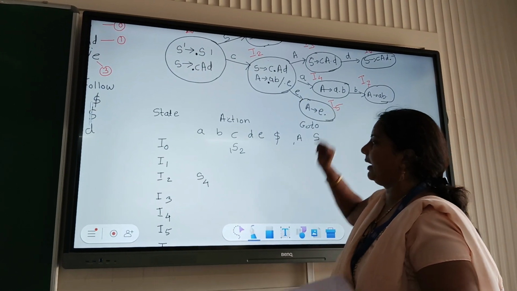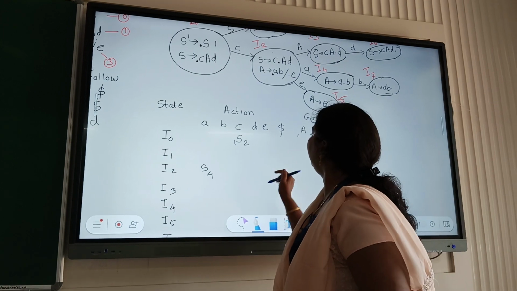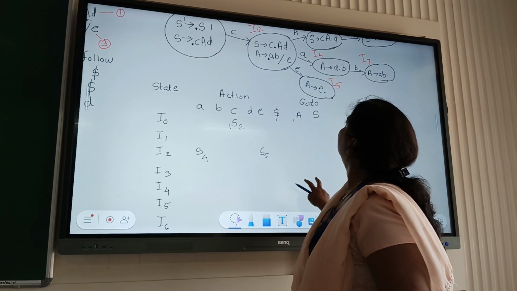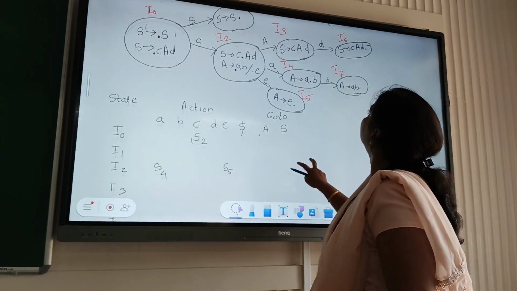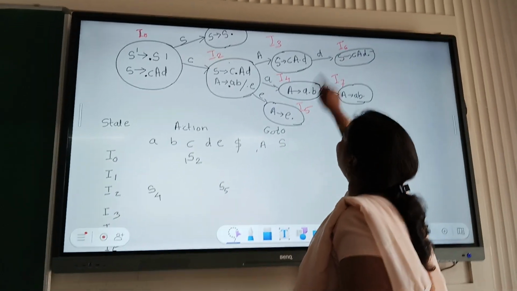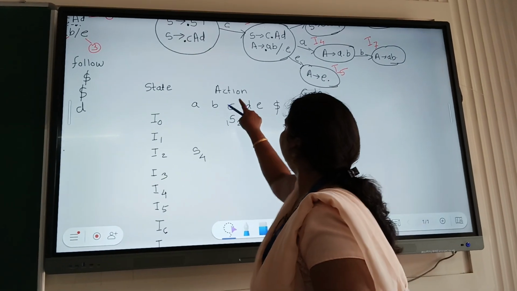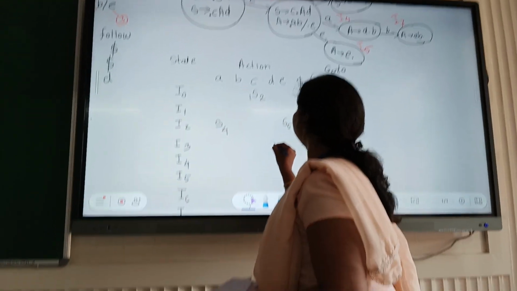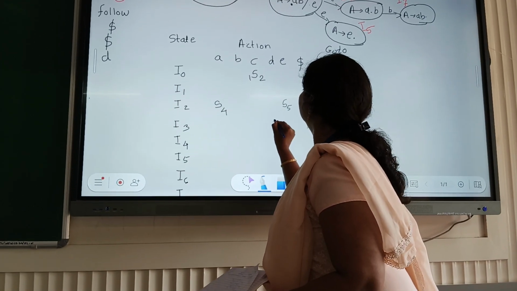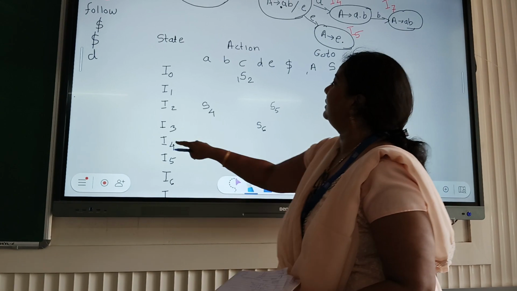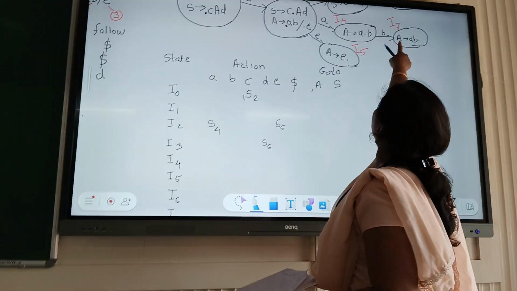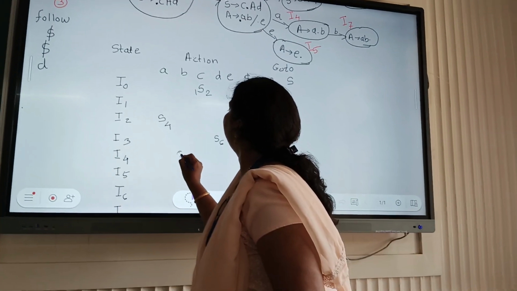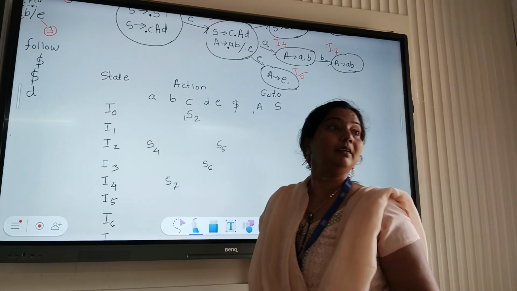Then I2 on E goes to I5. R3, D, R6 means S of 6. Then I4, B, I7. I4, B, I7 means S7.